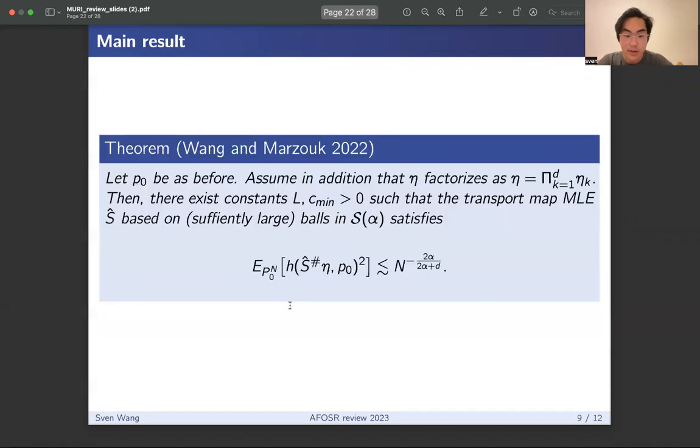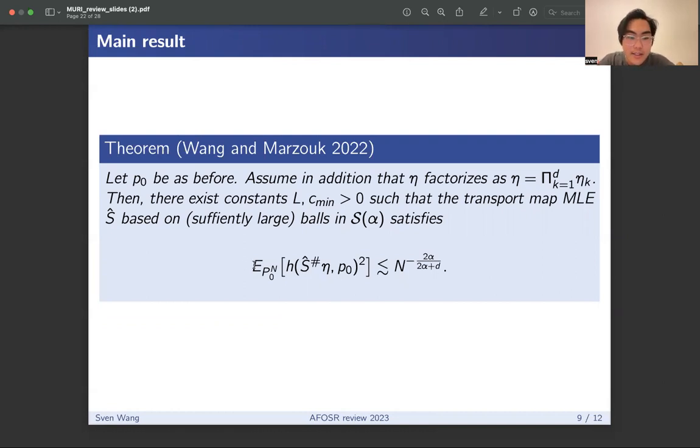And yes, it turns out that if you choose a sufficiently large ball in S of alpha to take your minimizer over, you get the following convergence rate. This is one of our main results in the paper.